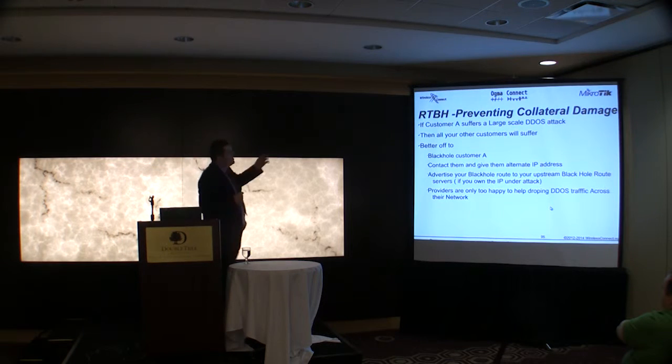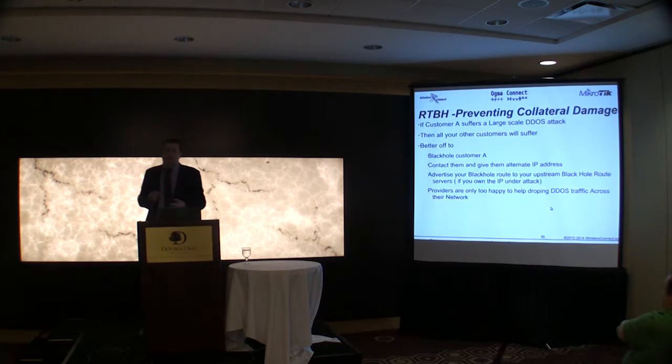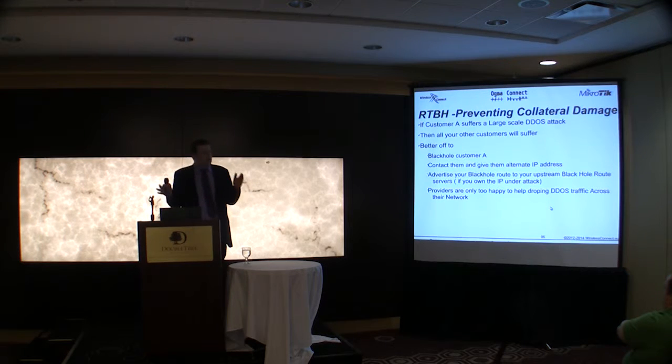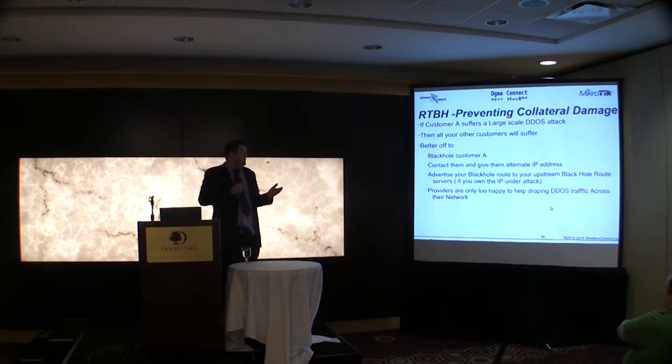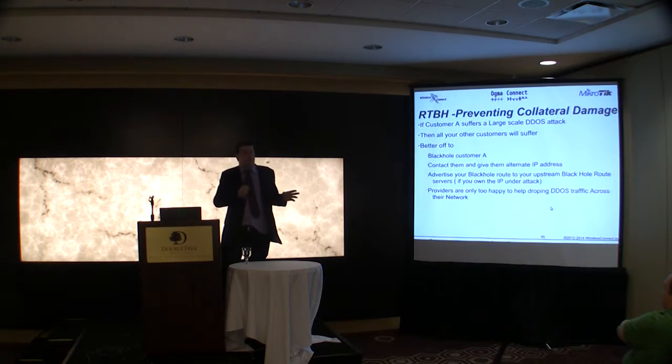Preventing collateral damage. The key point of all this is that if you have to block a customer that's getting hit hard, and they're saying they don't want to change IP, then you're between a rock and a hard place. The only thing I'd say is that you just black hole them. Because they're already a victim, there's no point in having every other client being a victim.